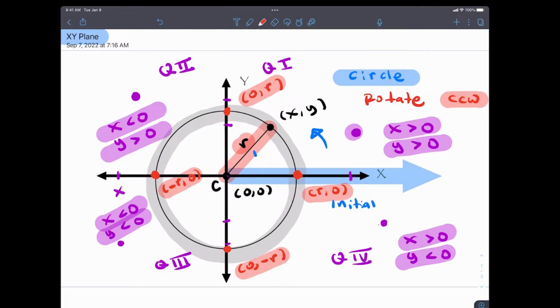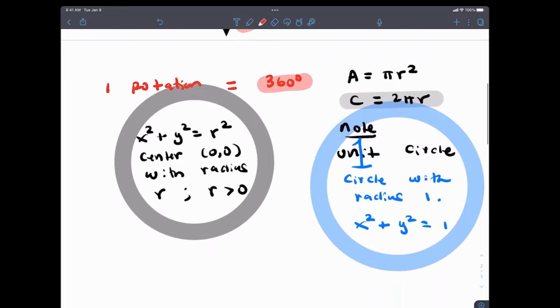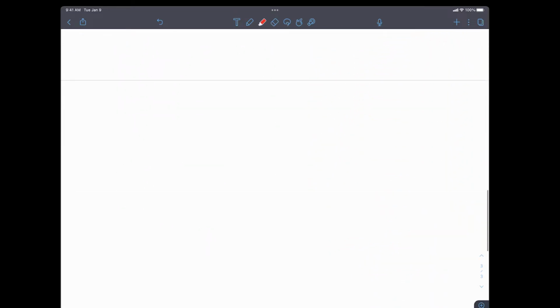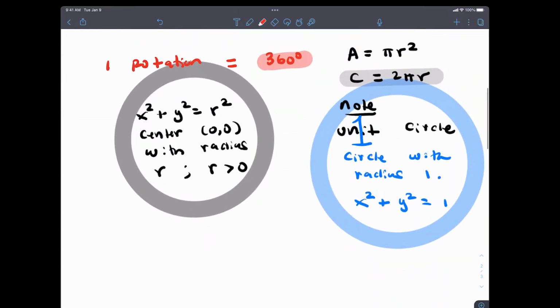What do you guys think? Anything? Trying to think, is there anything else we know about a circle? Because I'm going to erase all this stuff. I think we're good. What do you guys think?